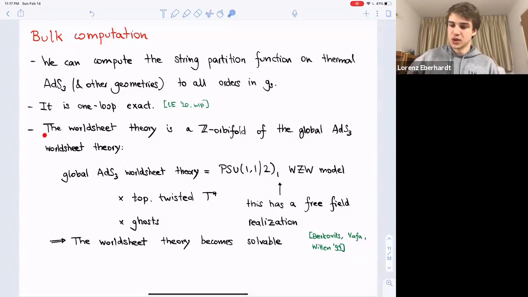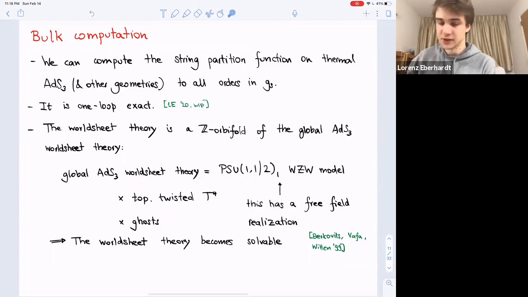So yeah, and we also said that the worldsheet theory is a Z orbifold, because of this discrete subgroup of Z in this case, of the theory that describes global AdS3. And now the global AdS3 worldsheet theory, you can describe conveniently in this hybrid formalism, where you basically describe AdS3 times S3 by some PSU(1,1|2) level 1 WZW model.